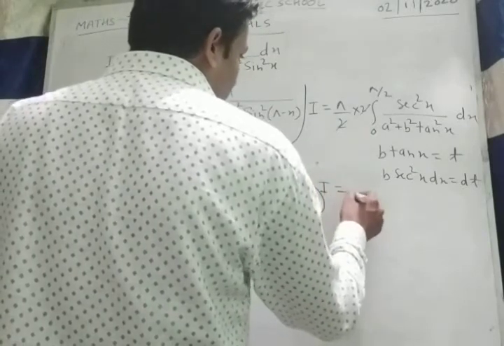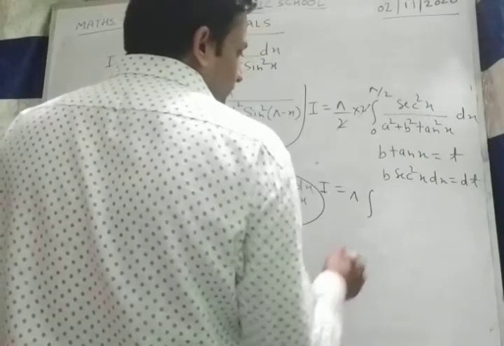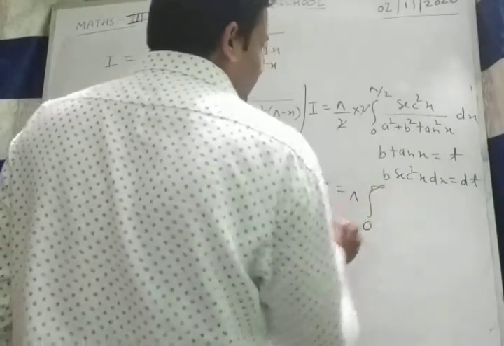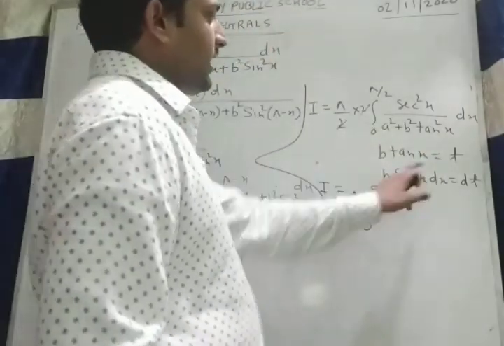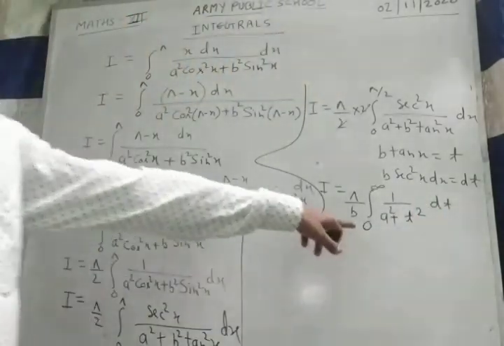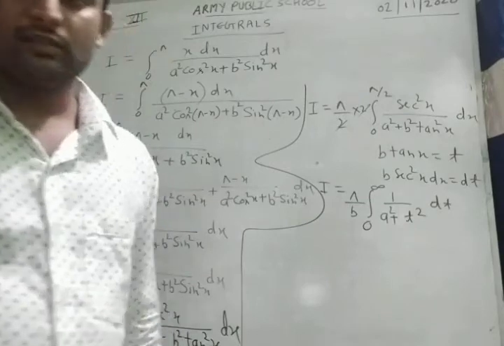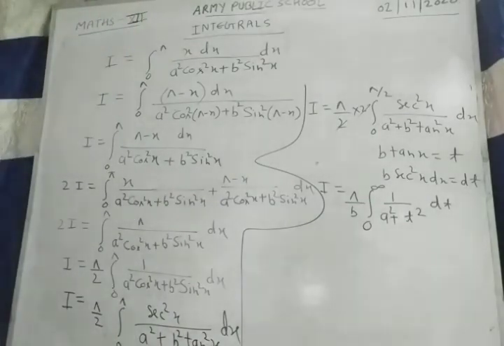I is equal to pi, and this will be integral from 0 to infinite, and sec square x dx we write as 1 by b dt, and 1 by a square plus t square. We can write this, and you know this is the formula: integral of 1 by a square plus t square is 1 by a tan inverse t by a.